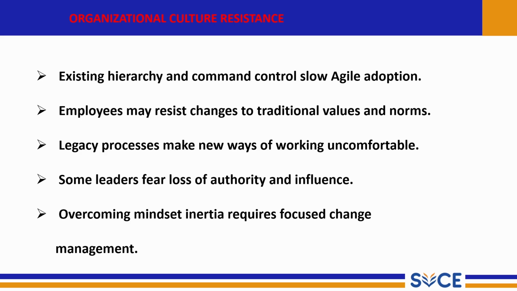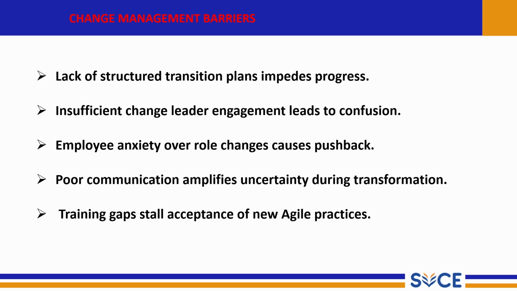In the next slide, we'll see the change management barriers. Lack of structured transition plans impedes progress. Without a roadmap, agile migration becomes messy. Insufficient change leader engagement leads to confusion.